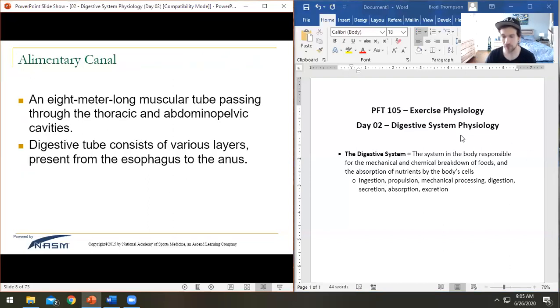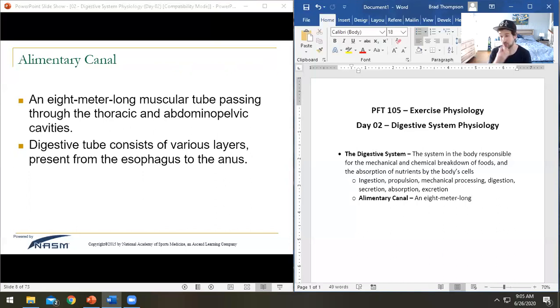So first thing we need to understand, we need to talk about what is called your alimentary canal, which I already mentioned, but that is basically an 8-meter long tube. By the way, 8 meters is way larger than I've even got in my room here, I think. Or maybe it's about the length, but that's a pretty good length, right?